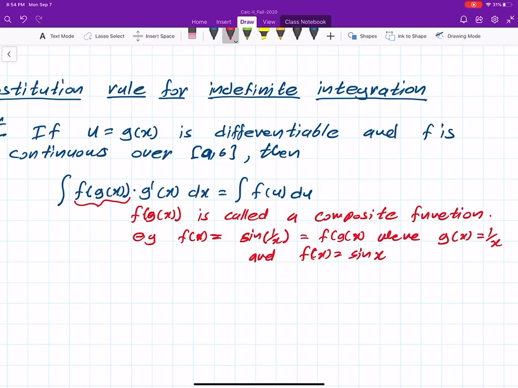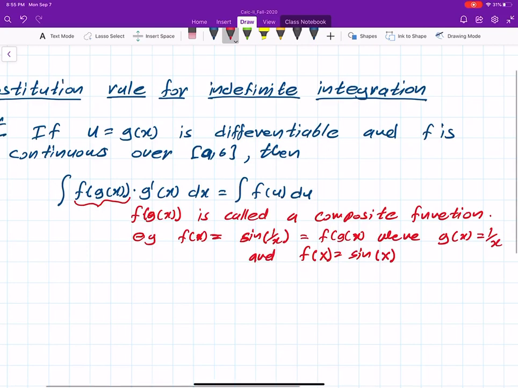Let me use a different variable here. I don't put x, I will put a different variable like f of uppercase X. All right, so this is how the function works. There's a function inside another function.